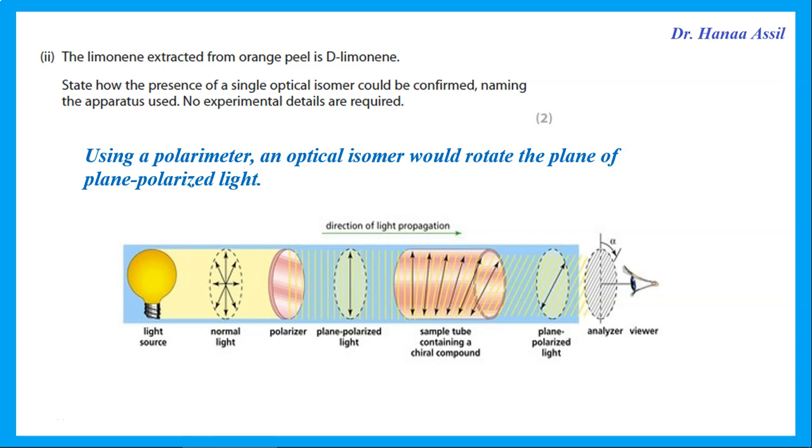If it is placed in a polarimeter, so he's saying name the apparatus, this apparatus is called a polarimeter, and we have a source of light that is polarized. So if we have an optical isomer, it changes the direction of the plane polarized light.